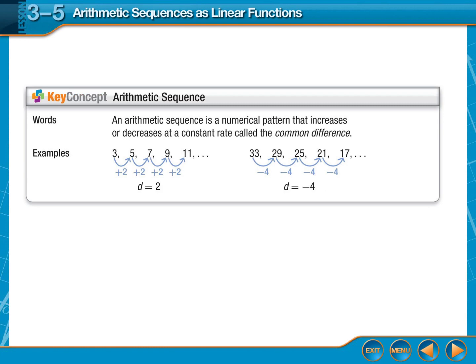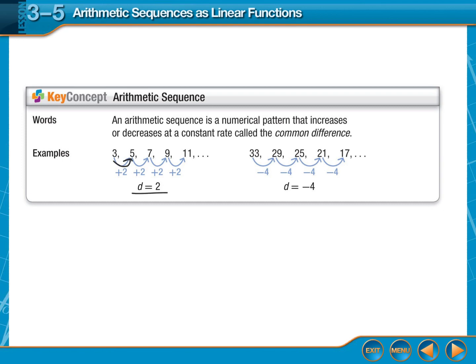So here, we're given different sequences. On this one, we have 3, 5, 7, 9, 11. What they noticed, what was happening in between each one, is they were adding 2. So they say d is 2.